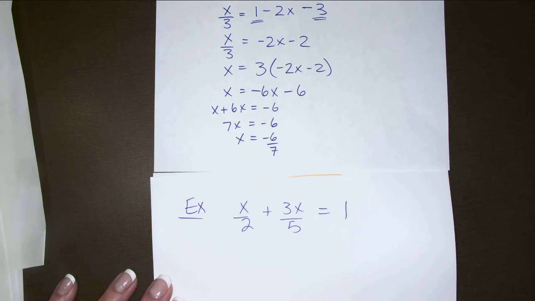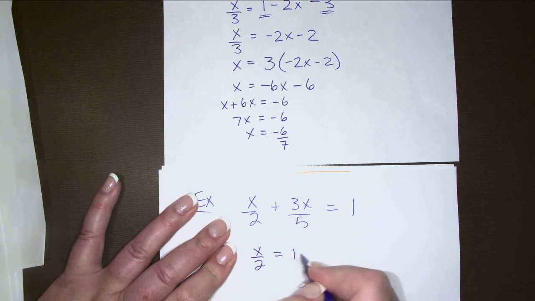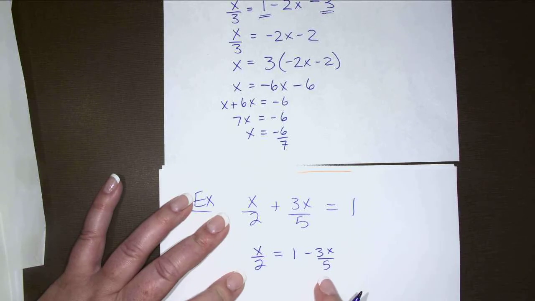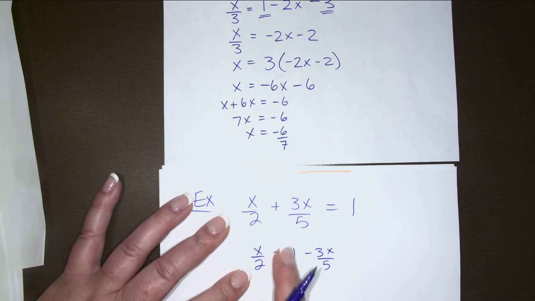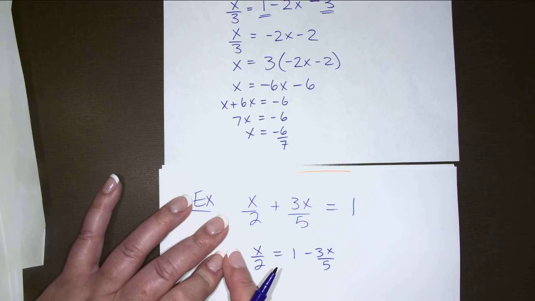So my question is, can we isolate one of the fractions and then cross-multiply? No, the only time you could cross-multiply, so if we isolated one of the fractions, you can't cross-multiply here because you can move the 2 up, be multiplied by that whole thing, that would be okay, but you can't multiply the 5 over here because the whole right-hand side would have to be a fraction to be able to do that.